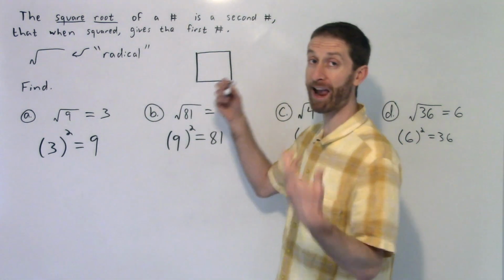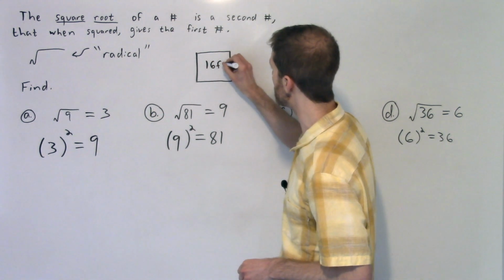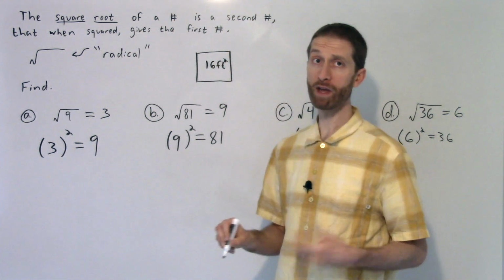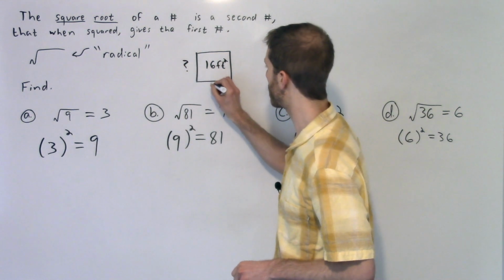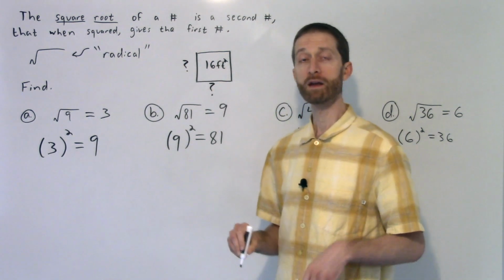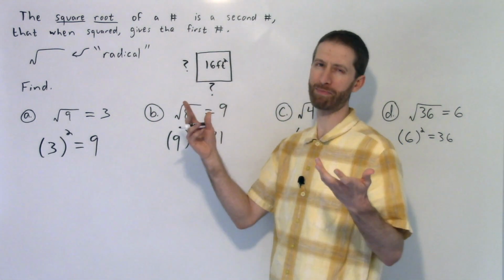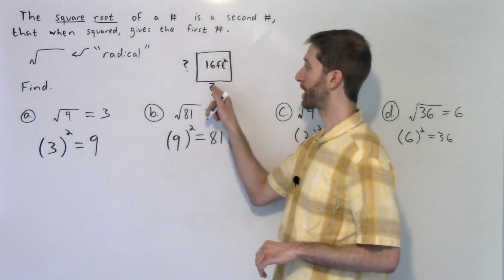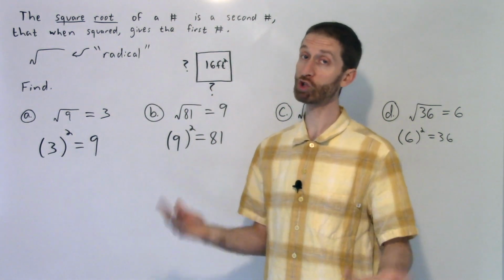Let's say that the area of a square was, I don't know, 16 square feet. If we're told that we have a square, that means that each side length is the same. So I'll put a question mark here and a question mark there. Now, area, if you recall, is the multiplication, mathematically speaking, of your length times your width. But we know that the length and width are the same amount if it's a square.